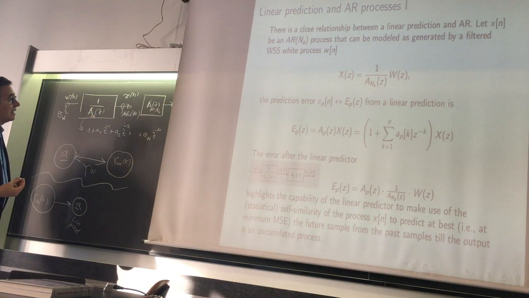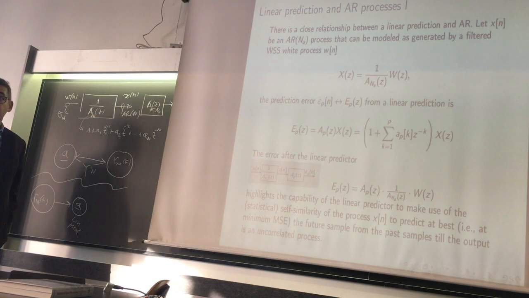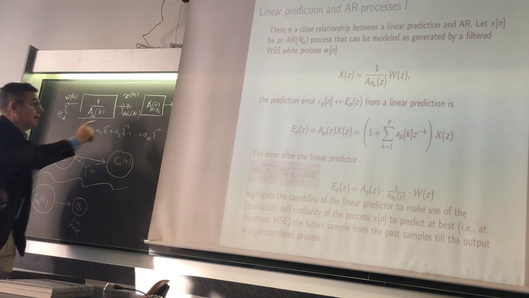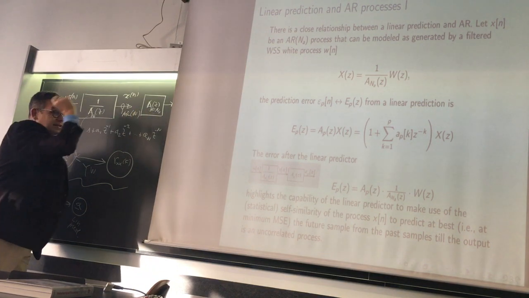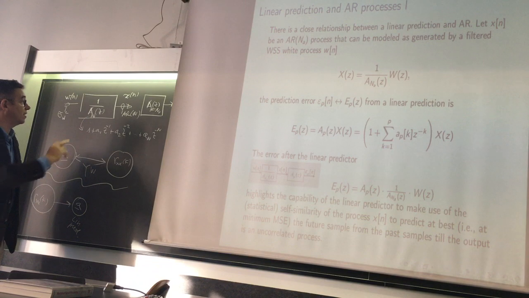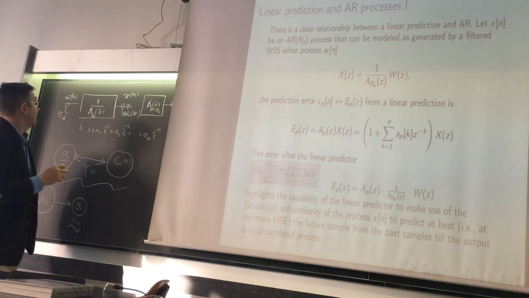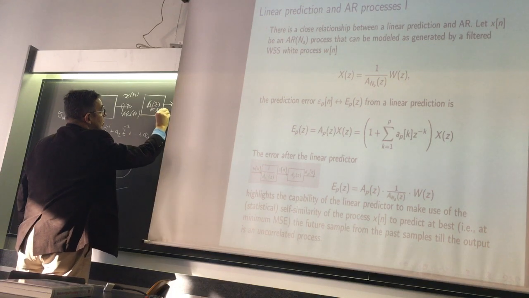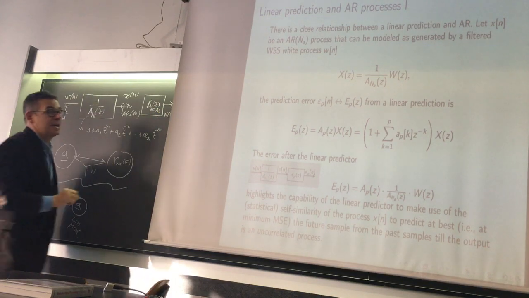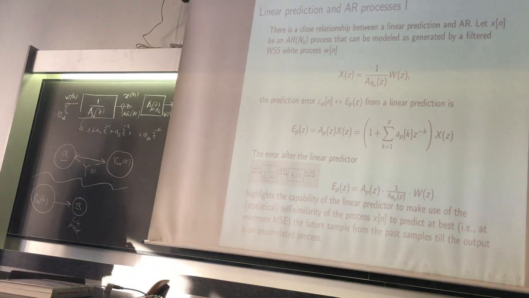So the linear prediction this way is performing a perfect whitening for an autoregressive random process, for the length exactly coincident with the length of the autoregressive random process. And the output? The output will be W[n] in this special case.